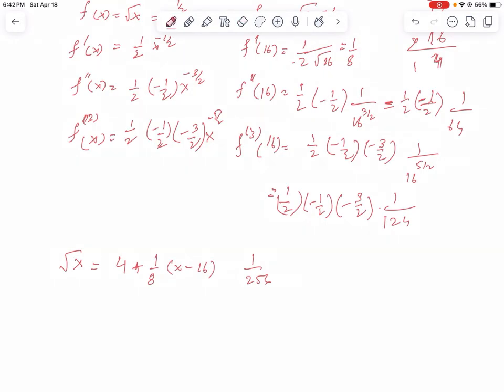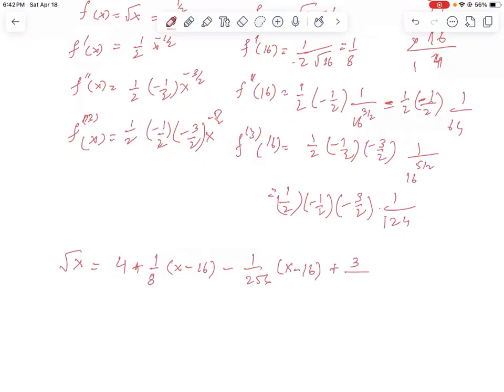X minus 16. Next term we have the two negative signs. So plus 3 over 2 into 2 into 2 is 8.